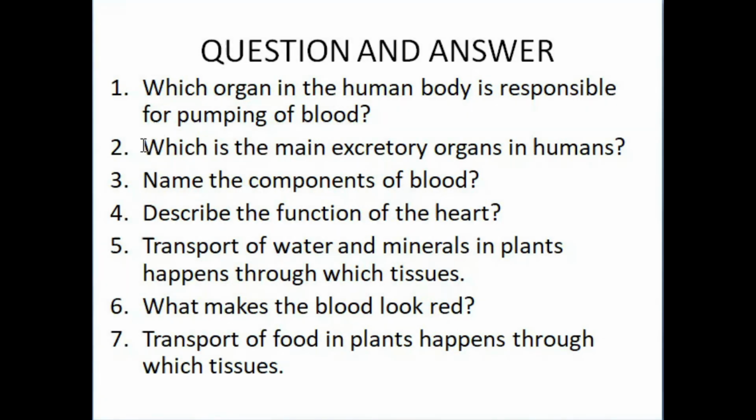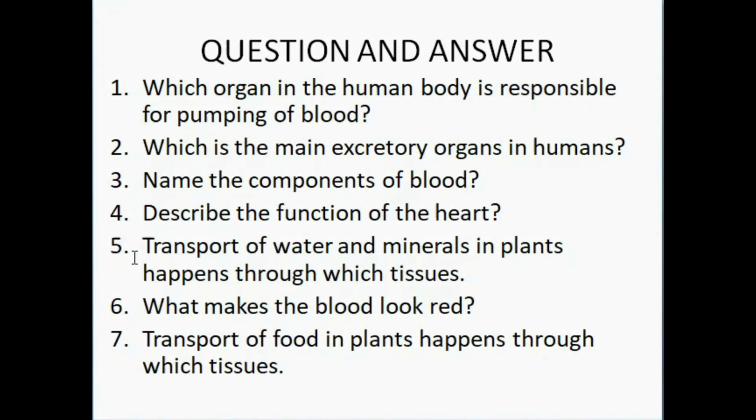I will dictate the answer and you write it down in your notebook. Which organ in the human body is responsible for pumping of blood? The answer is heart. Which is the main excretory organ in humans? The answer is kidney. Name the components of blood. You do 3 and 4 by yourself.